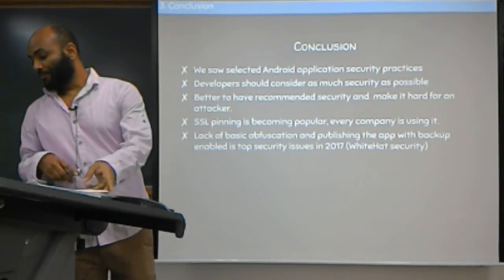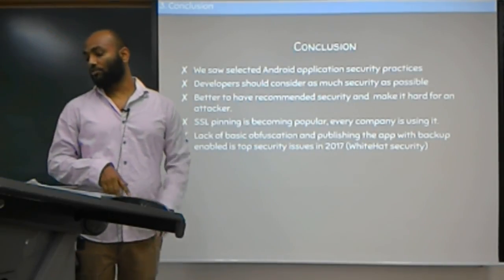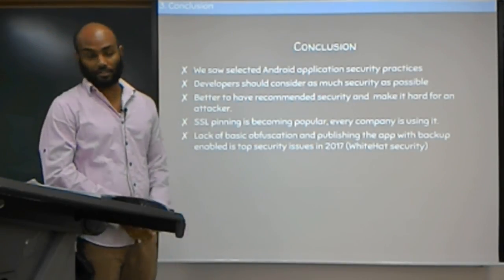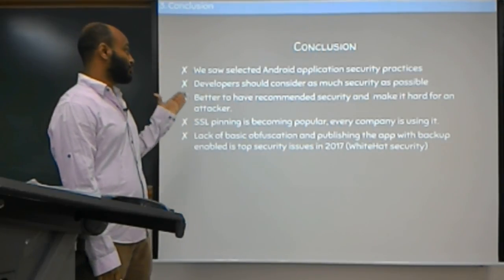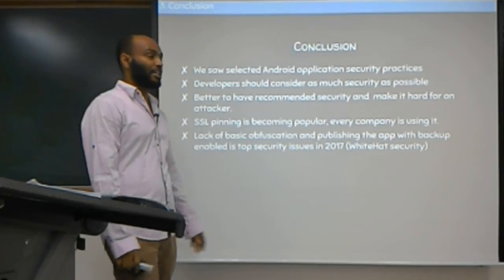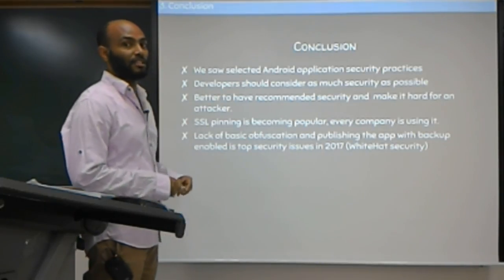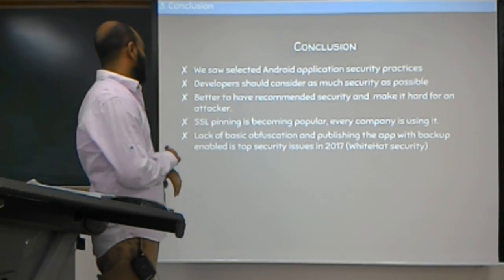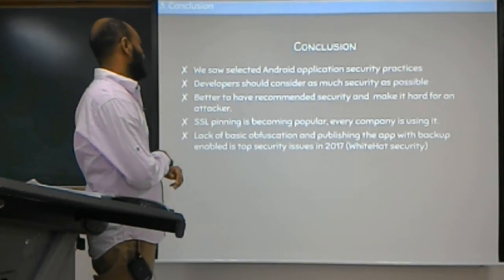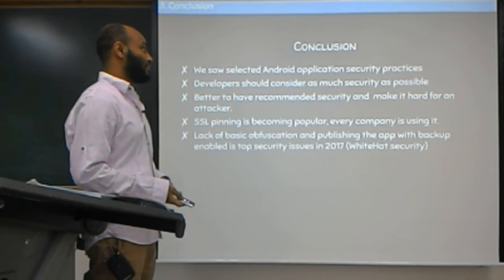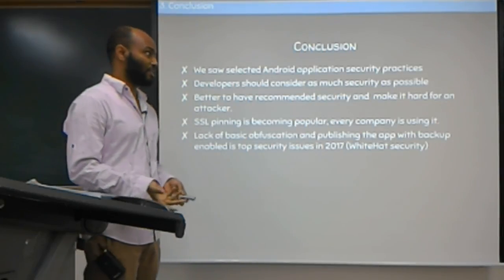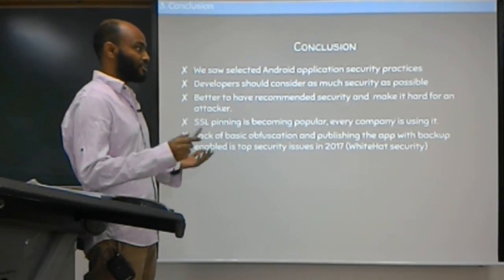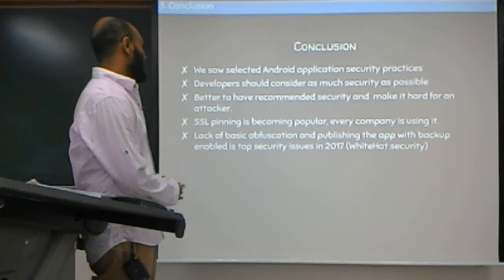As a conclusion, we saw selected Android application security practices, and developers should consider as much security as possible. At least it is better to incorporate the recommended security and make it harder for an attacker, even if there is no 100% security on the applications.